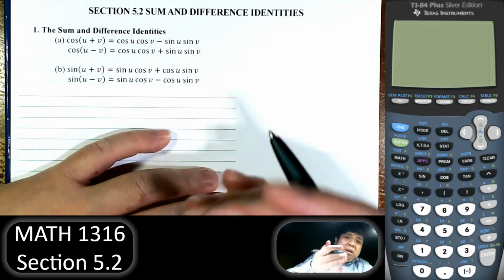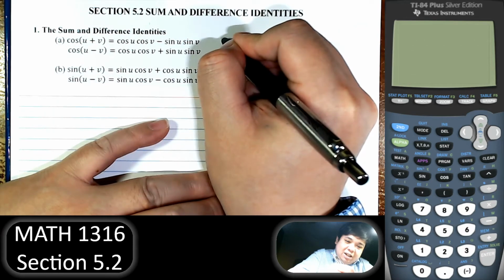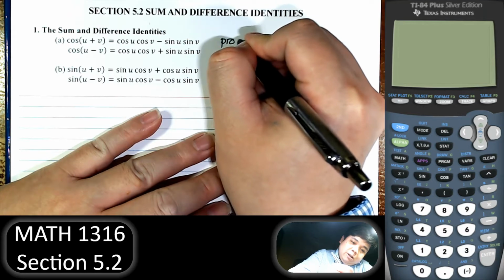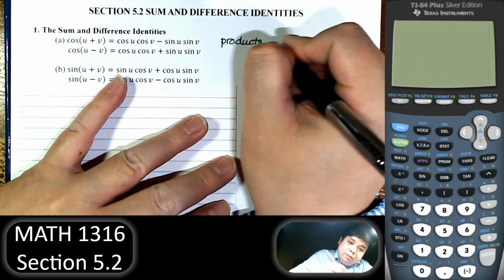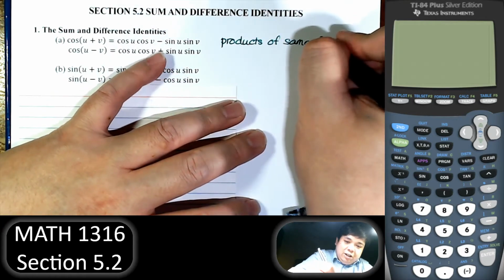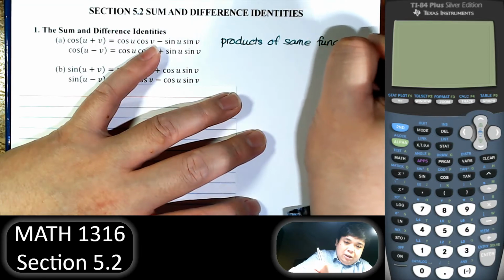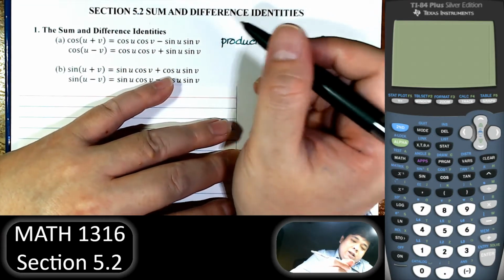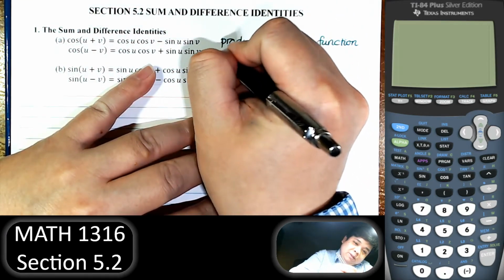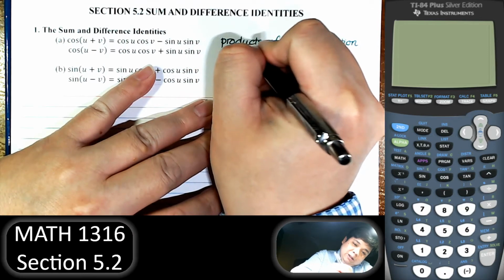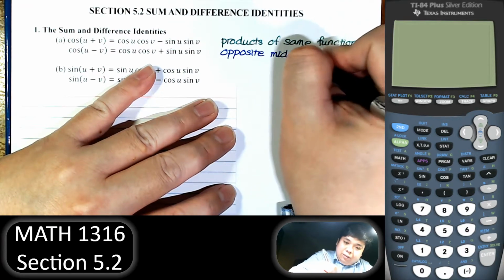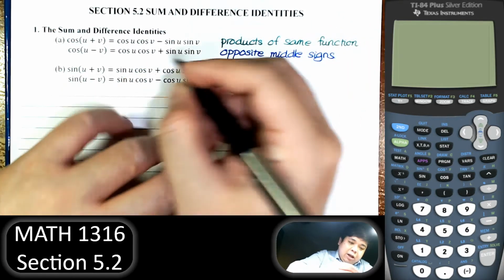So the way I memorize this is that for cosine, we have a product of the same function. I mean, cosine goes with cosine. And the sign in the middle is opposite: if that's a plus, that's a minus.